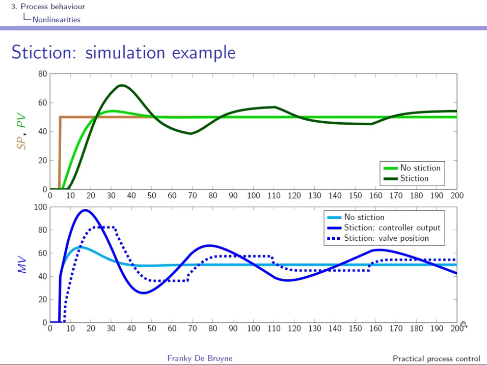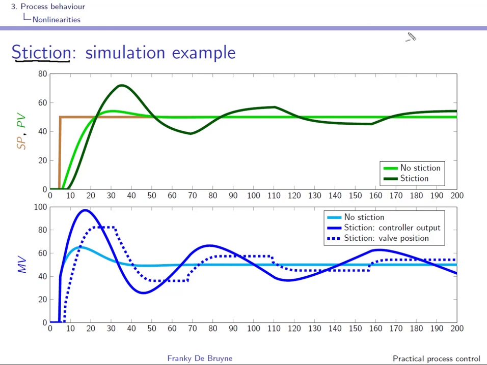Well, the next subsection considers non-linearities in the process, and we have seen in these surveys that we've seen earlier in the course that one of the non-linearities that occurs very frequently on a control loop is stiction. This means static friction, and this is something that is happening in a control valve.